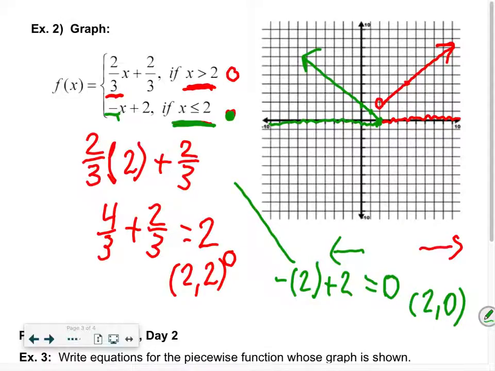Notice I have lines going in opposite directions. If you need a reminder, write down that these lines have negative slopes, these lines have positive slopes. I would also write down greater than goes right, less than goes left. Those are just some helpful hints.